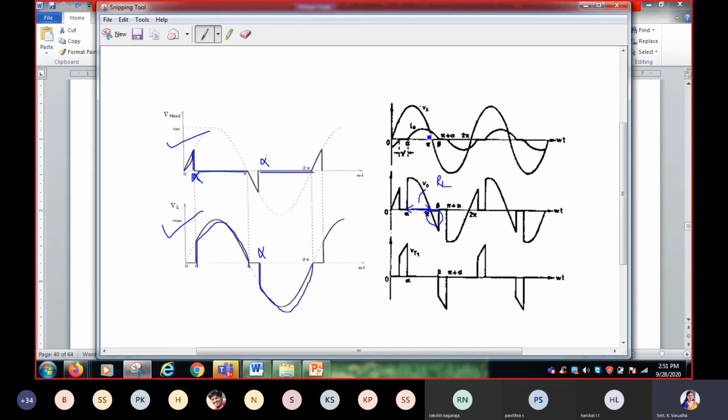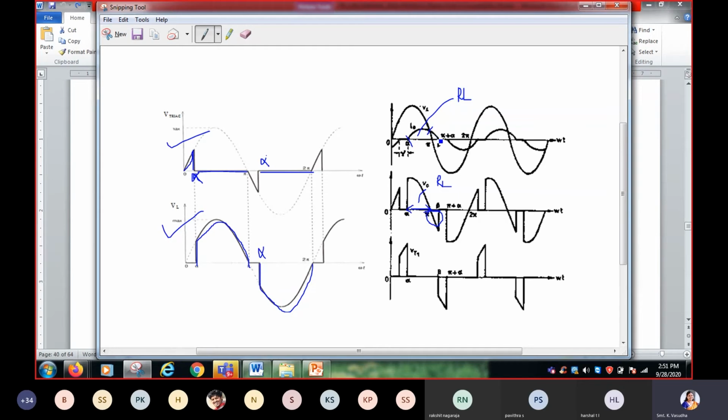This is the current waveform as I showed. If you observe, from alpha to pi the current is flowing through the RL load. At this point, once the supply voltage crosses 0, the current through the inductor can't suddenly change. It can't go from this value to 0. So the inductor starts to discharge slowly.